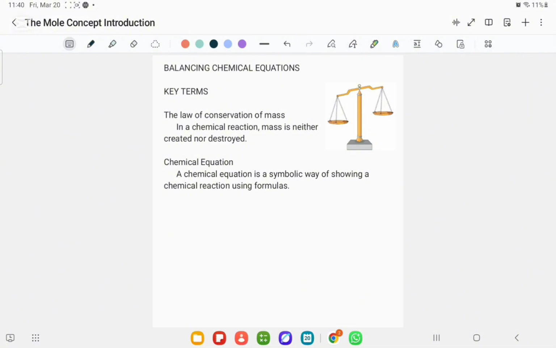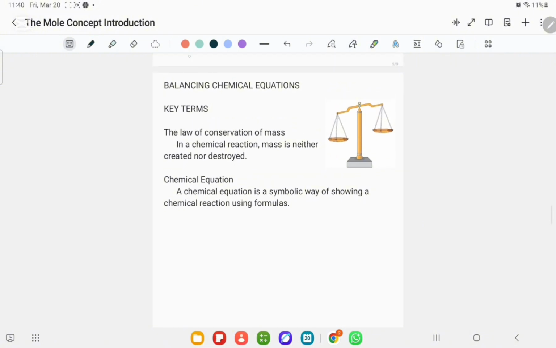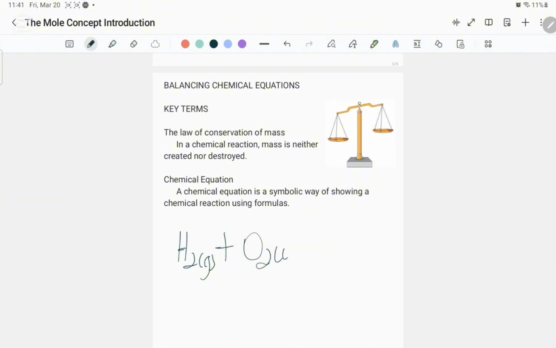A chemical equation is a symbolic way of showing a chemical reaction using formulas. For example, let's say we have the reaction of water. We have H2, which is hydrogen, reacting with oxygen, both in the gaseous form, to give us H2O.